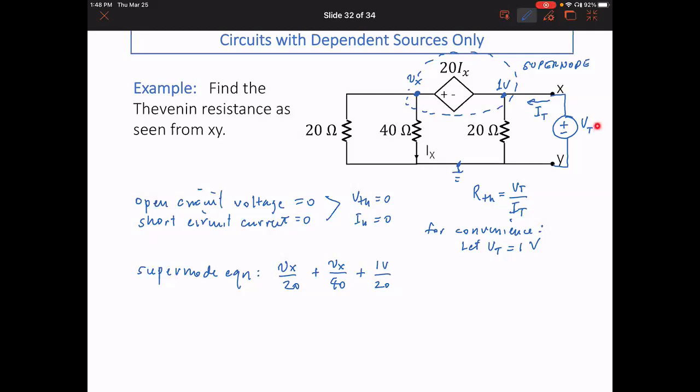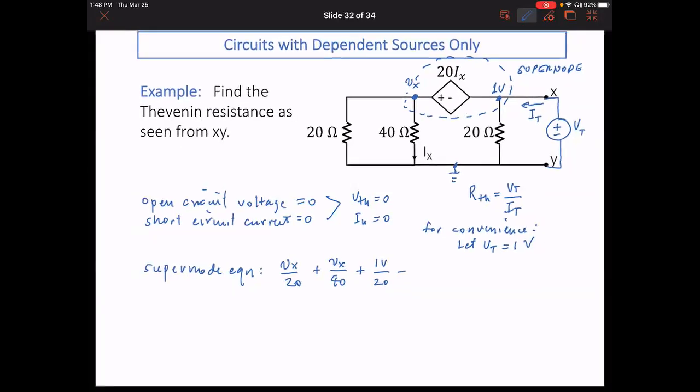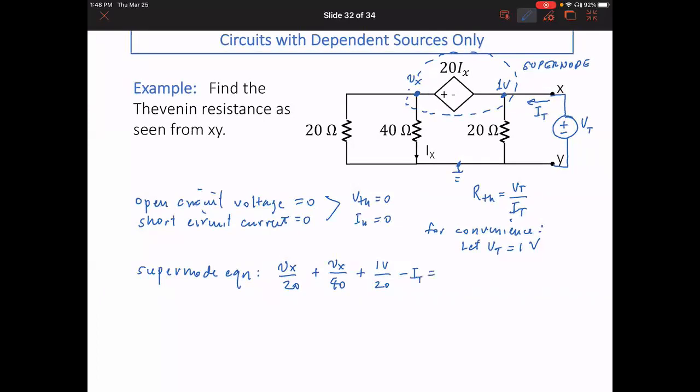Okay, I don't know my current here, but that's actually what I want to find. So this is minus I of t. That should be equal to 0. I don't know this current, but yun yung hinahanap ko. So let me define that as a variable.